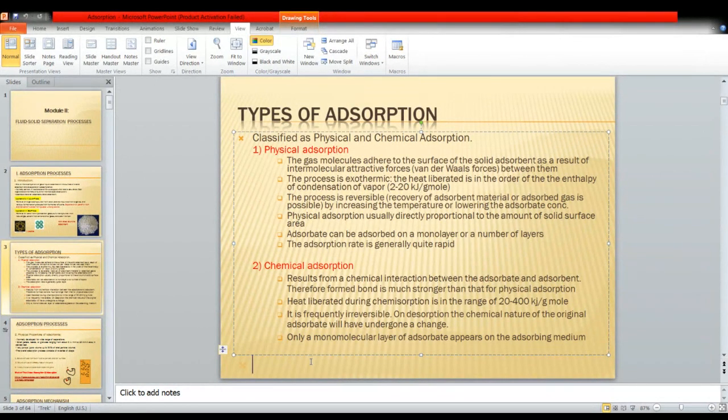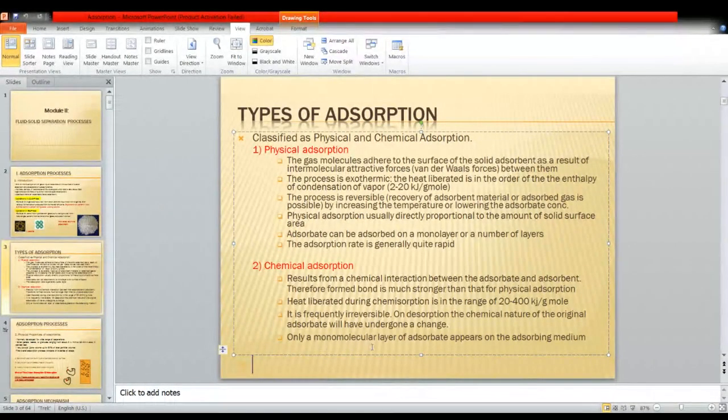You can put in new adsorbent, but that adsorbent will be changed or have different properties. On desorption, the chemical nature of the original adsorbate will have undergone a change. So it means you cannot regenerate, or maybe the chemical property is different from the original one.